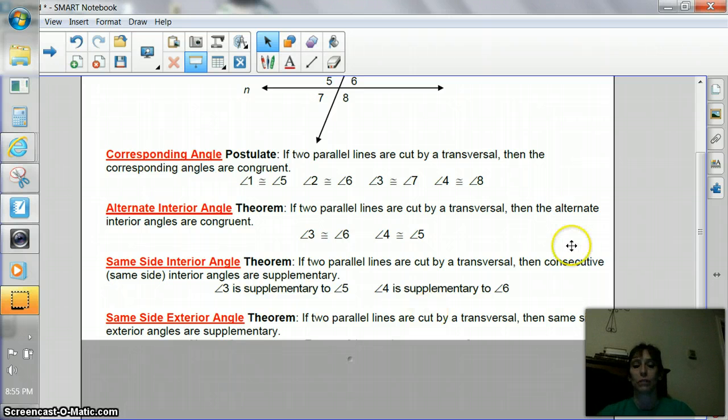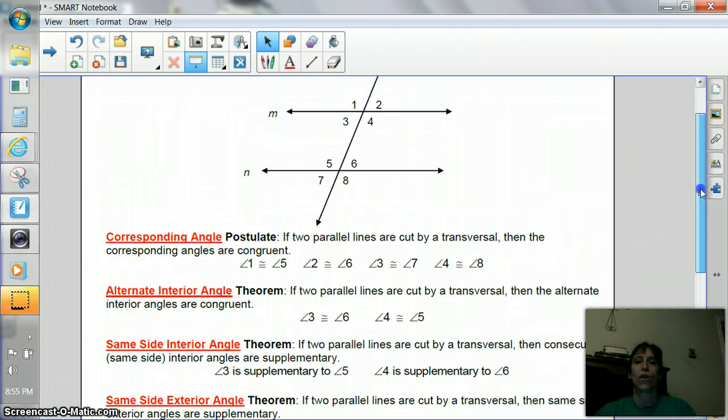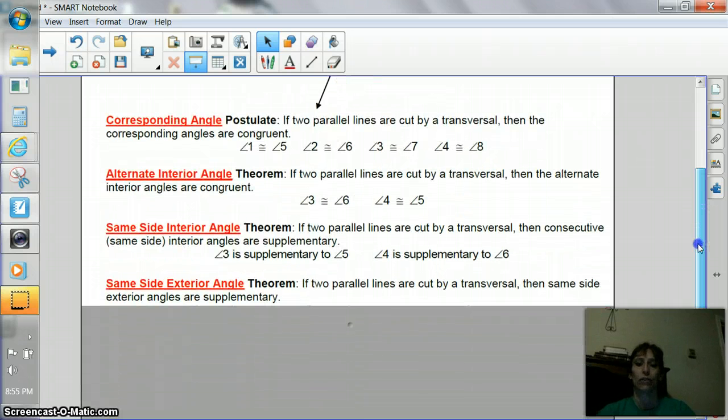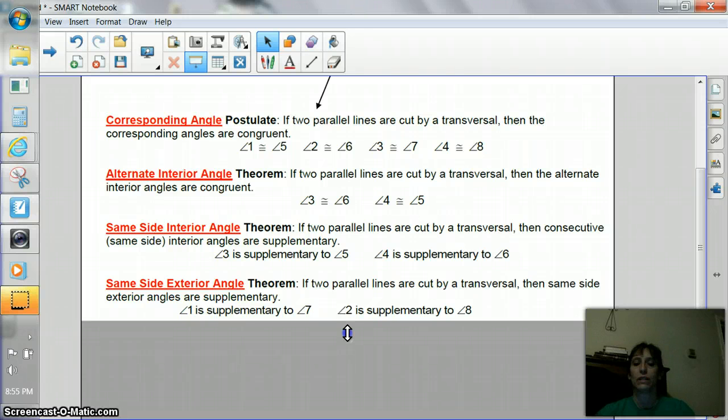Any other time, they're going to be supplementary. So if they're on the exterior, you know that's outside the parallel lines. So hopefully you're guessing 1 and 7 or 2 and 8 should go together. Yep. 1 and 7 and 2 and 8. And again, they're supplementary. Don't forget that.